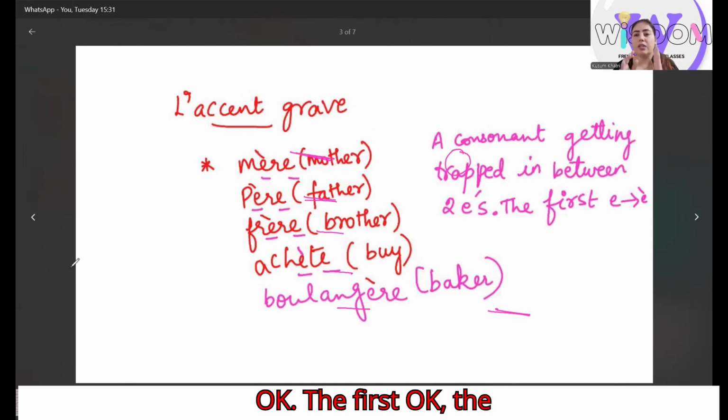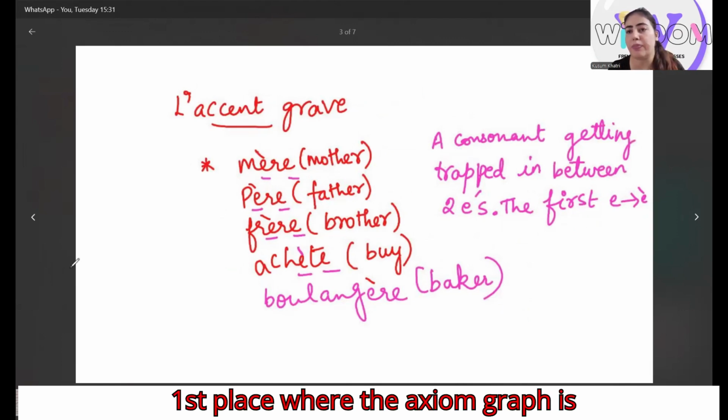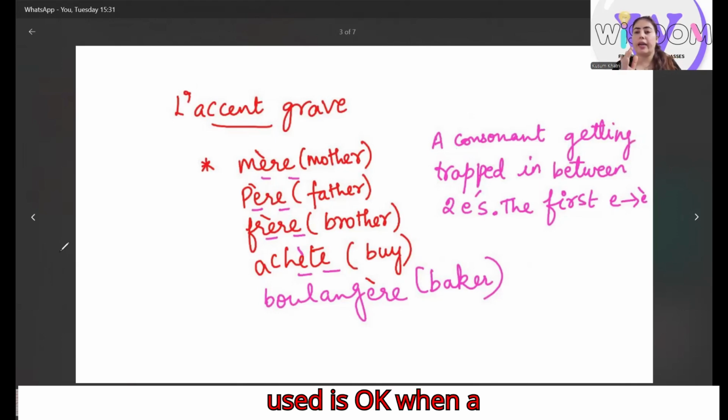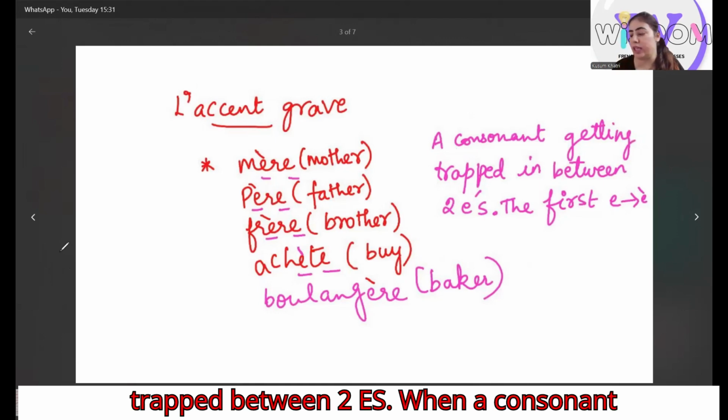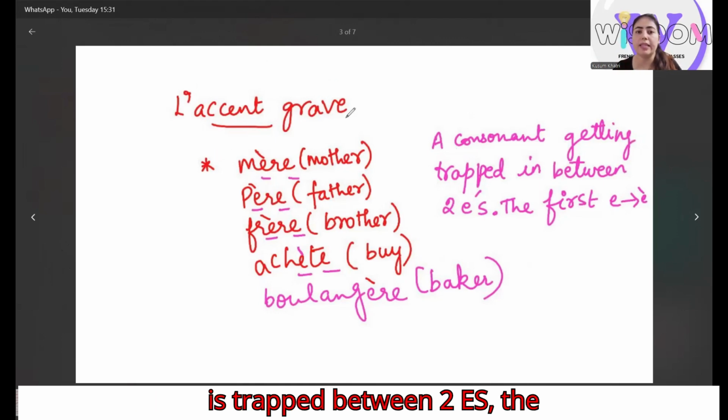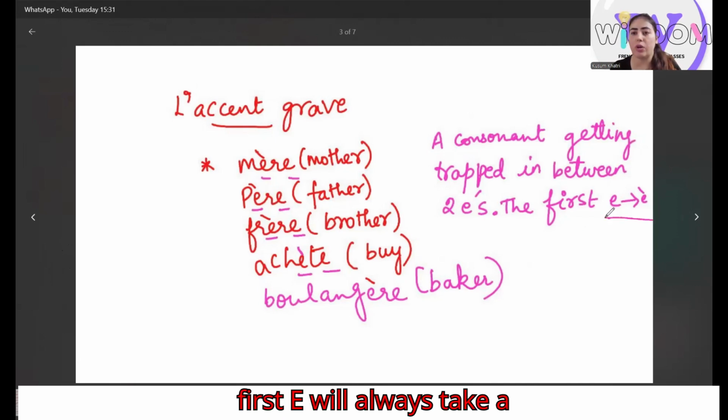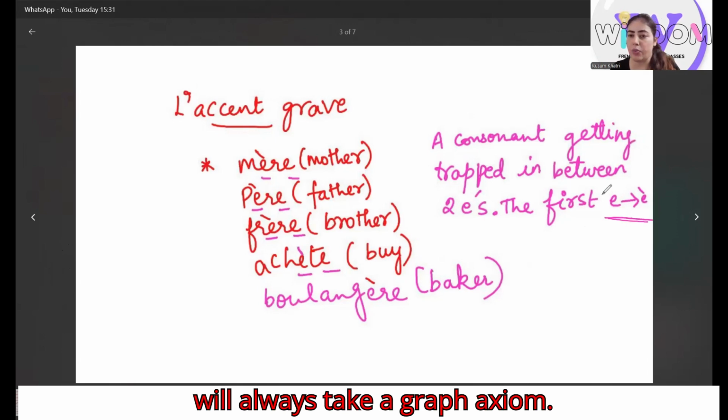The first place where the accent grave is used is when a consonant is trapped between two E's. When a consonant is trapped between two E's, the first E will always take a grave accent.